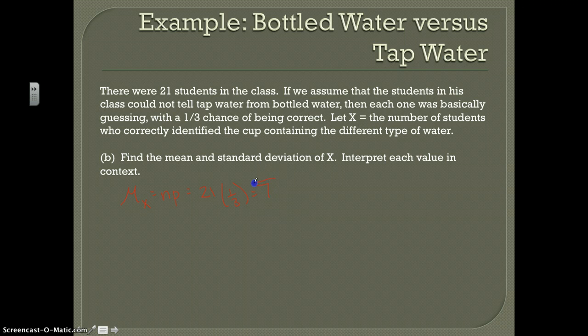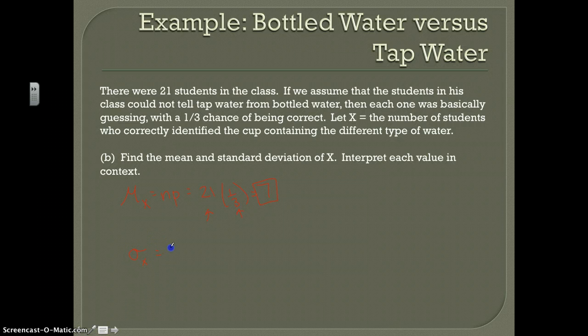So the mean is 7: number of trials, 21, times the probability of 1/3. So on average, after many trials, you would expect 7 students identifying correctly.